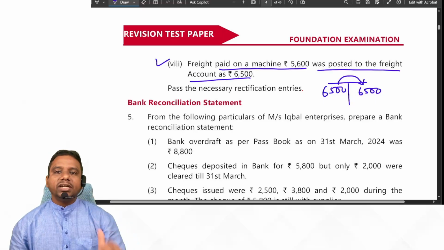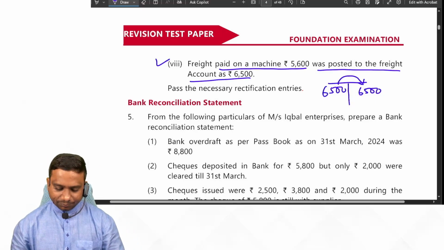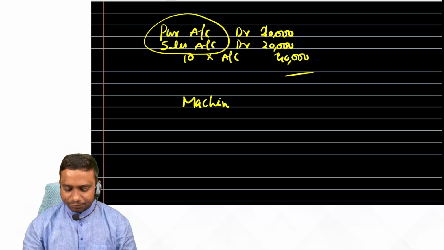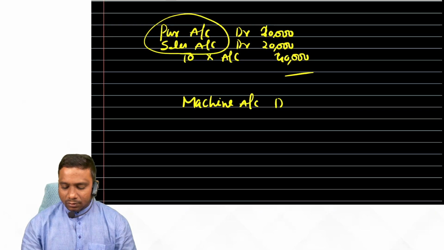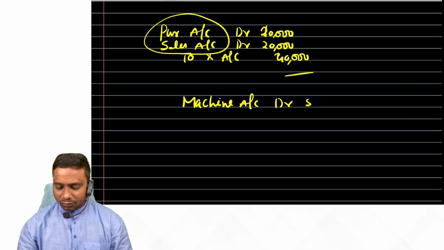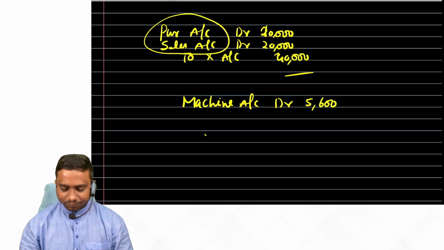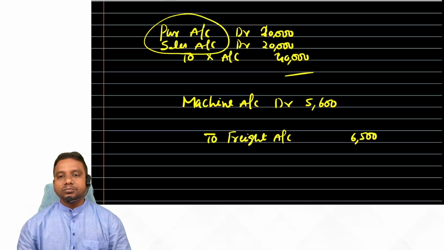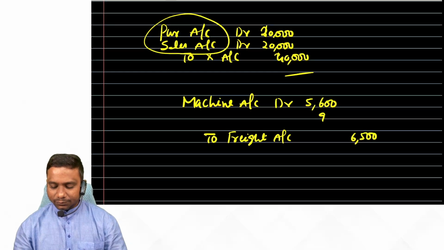Now debit machine account with 5,600. So how does this get rectified? Machine account debit 5,600 to freight account 6,500. There is a difference of 900 rupees.